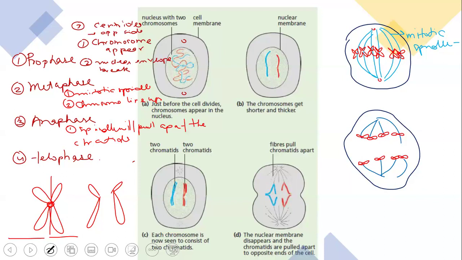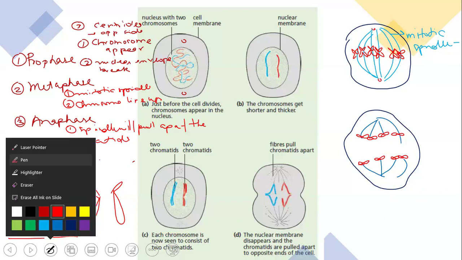Now half of the chromatids are on one side of the cell, half of them are on the other side. So now the DNA is equally divided between the two cells, right?